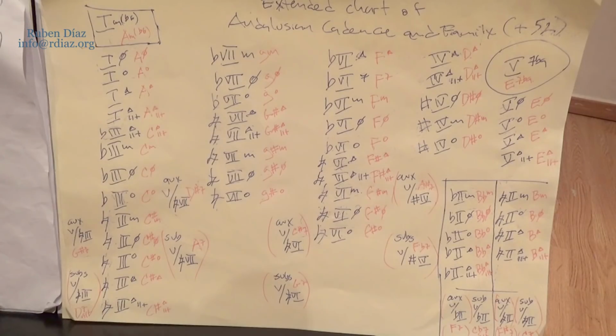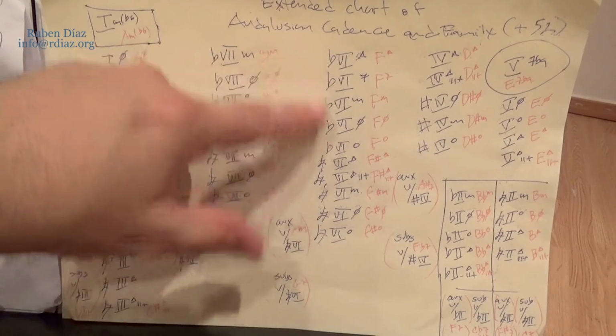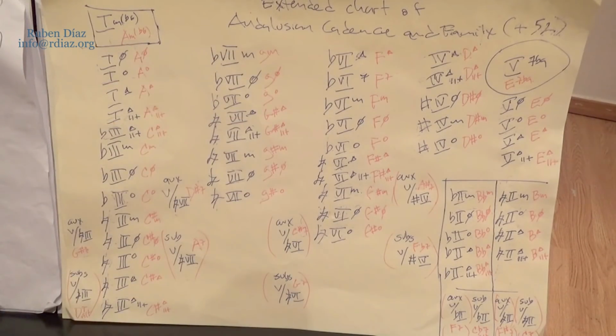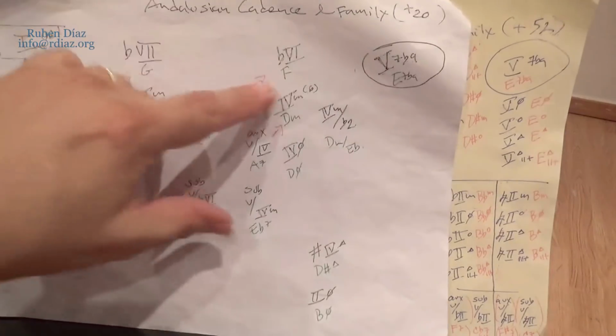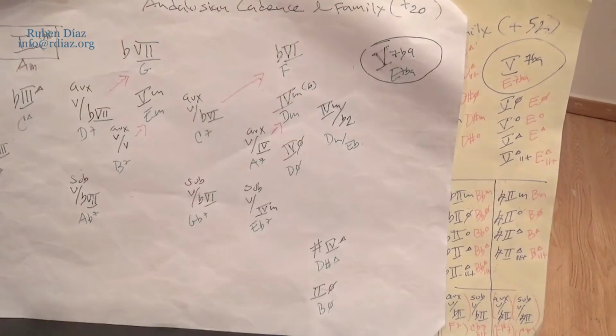Flat 6 minor, and go directly to the 7 flat 9, because the flat 6 chord is the most malleable one in flamenco, and although here we wrote it just as a flat 6 major.